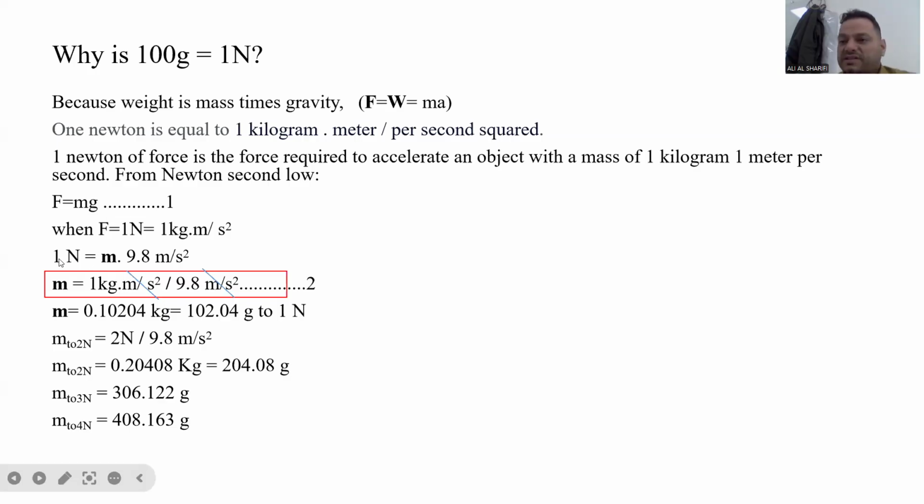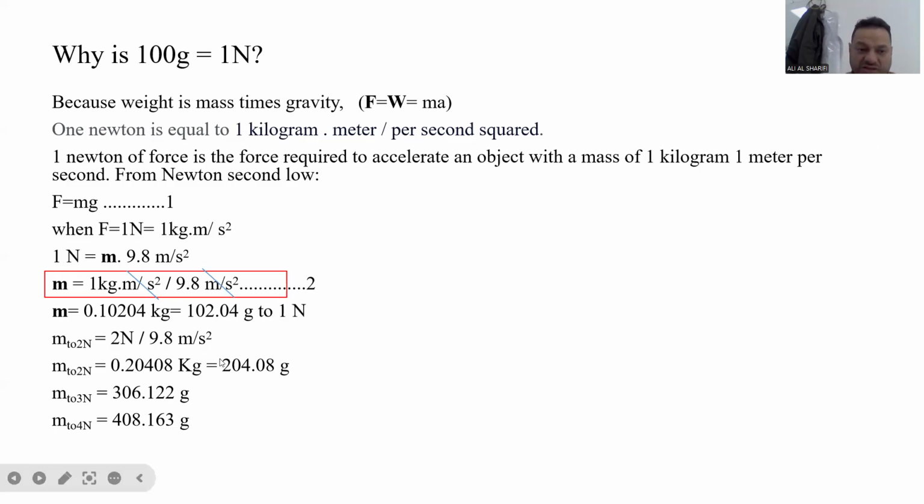For example, let's calculate how many grams of mass equal 1 newton. We know the force is 1 newton, and we know the gravitational acceleration, so the mass here will be approximately 100 grams.